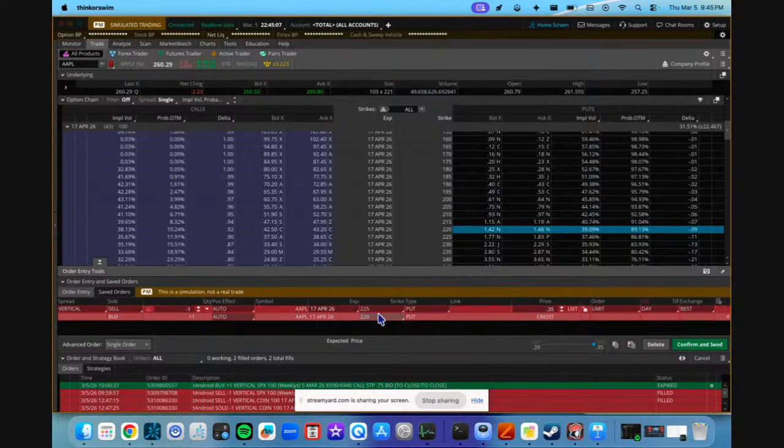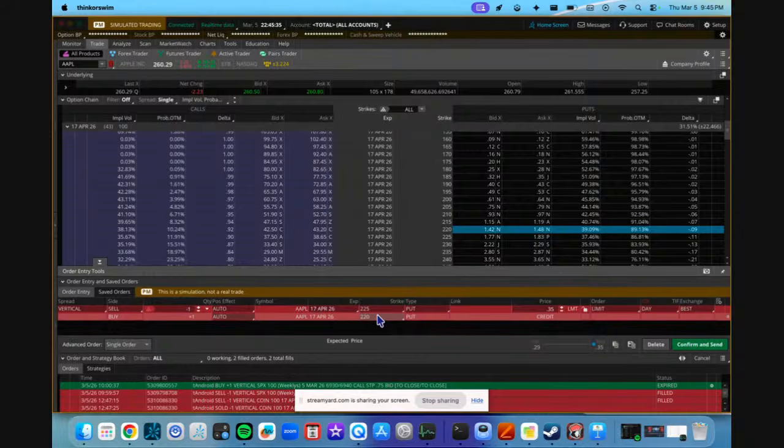At that point, and you didn't do anything with the position, you would get assigned on the 225, but your 220 would be essentially protecting you there. Thinkorswim, I never let it get to that, to be honest, but Thinkorswim, I think, automatically will close the put around 15, 30 minutes before the expiration date.